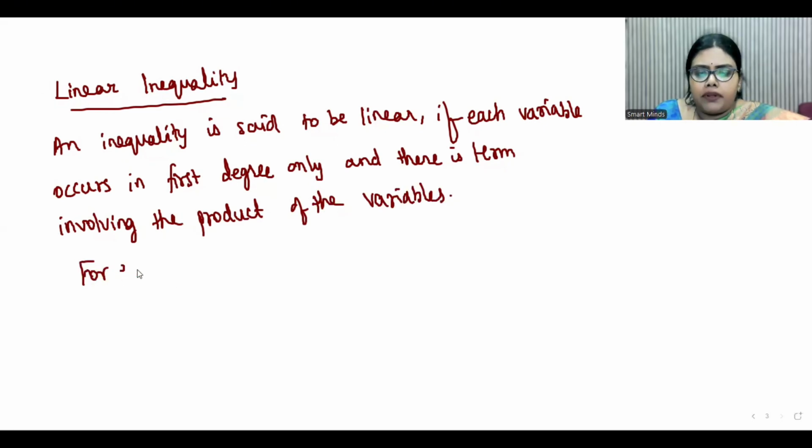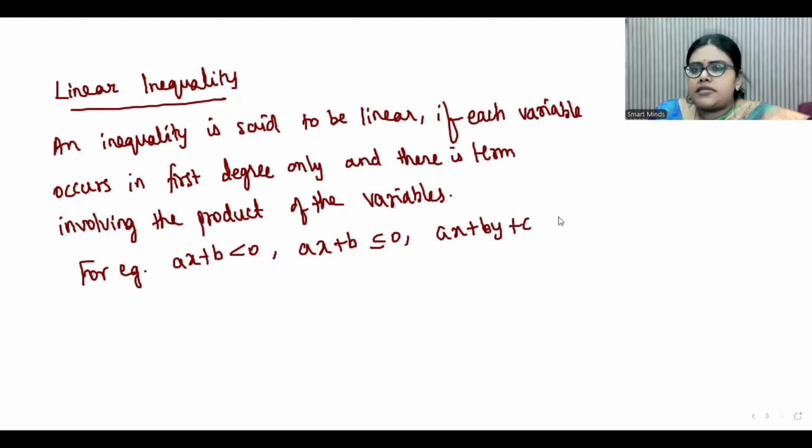For example, ax plus b less than 0, ax plus b less than or equal to 0, ax plus by plus c greater than 0. These are the examples of linear inequalities or linear inequations.